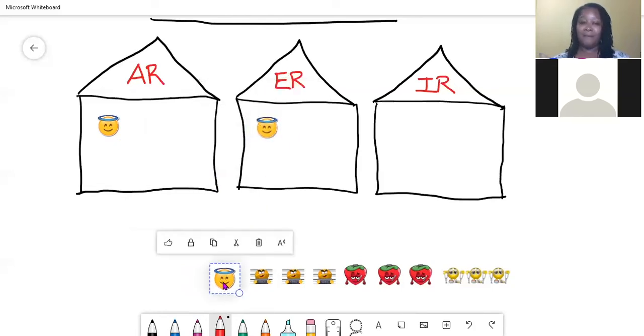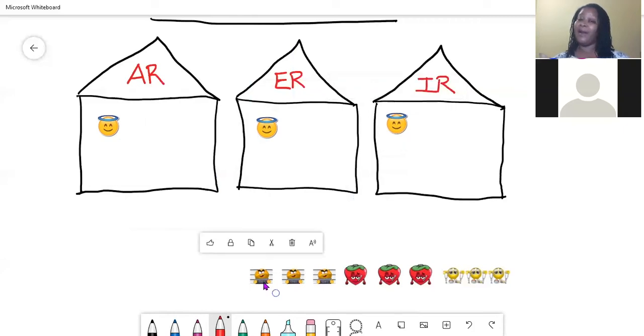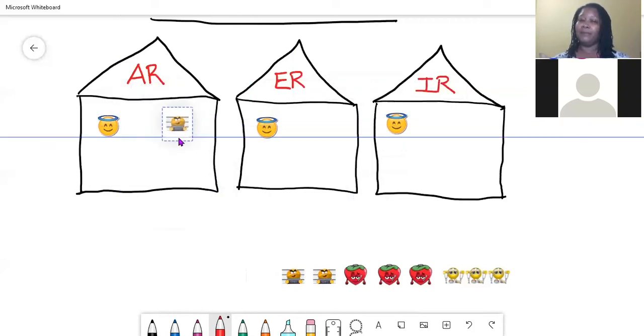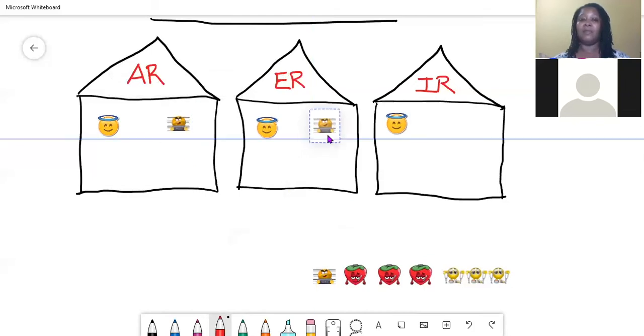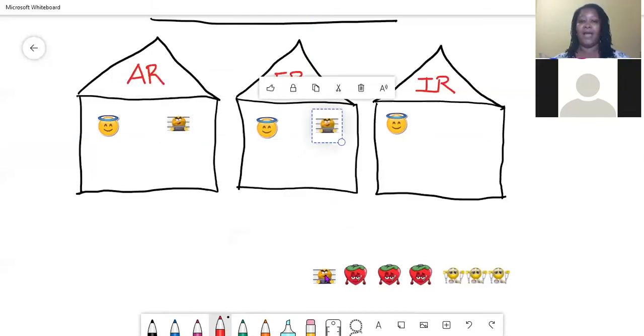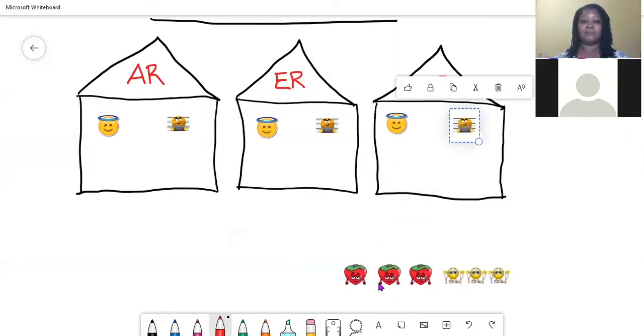In the IR family, there is an angelic being. But where you have good, you are also going to have bad. And so in the AR family, unfortunately, we have a criminal element. In the ER family, likewise. And in the IR family, criminal elements.